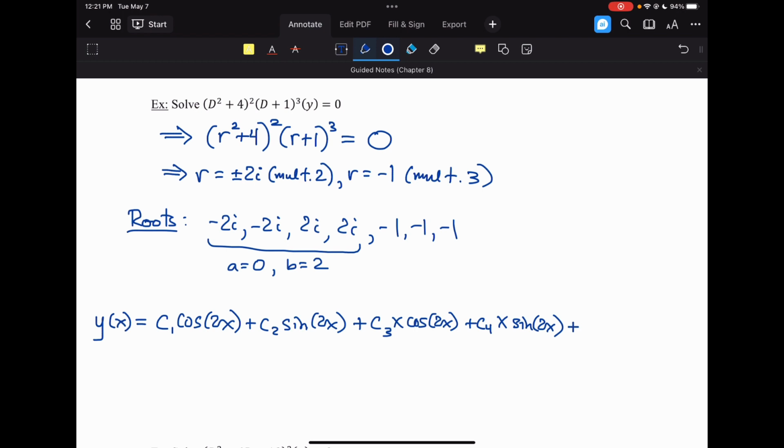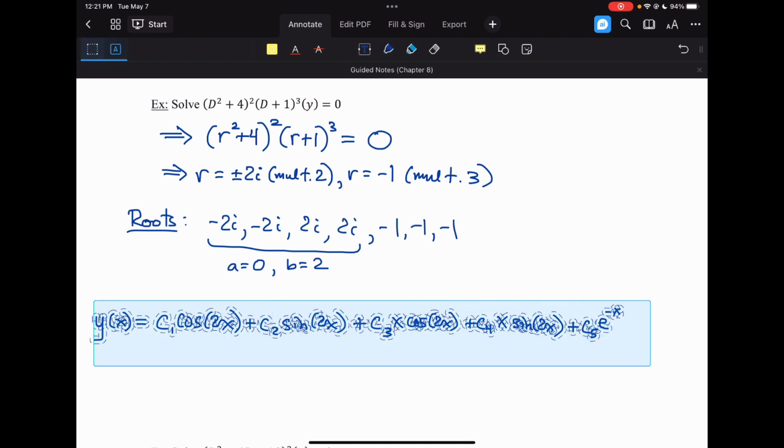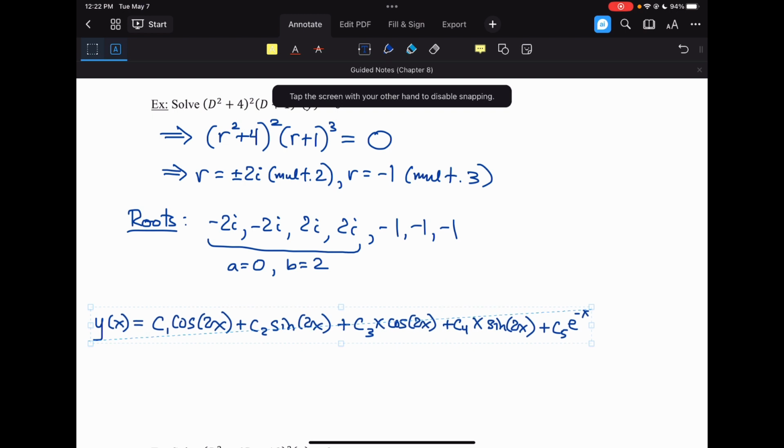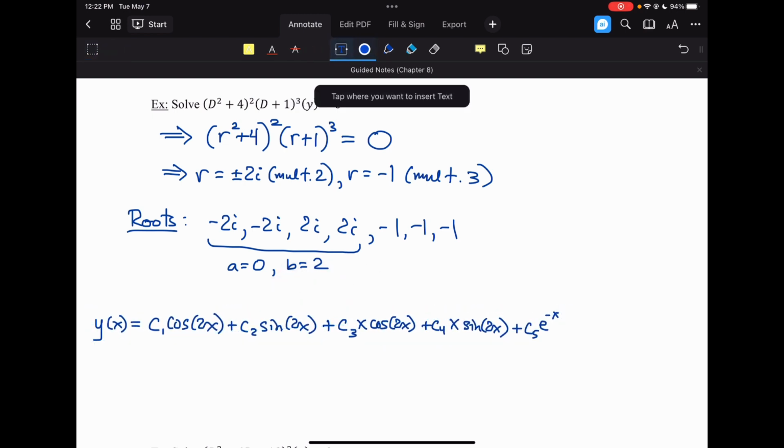We just introduce that x factor in front of them. And then for the negative 1s, it repeats itself 3 times. So we get c5 e to the negative x. Let me shrink this down just a little bit. Plus c6 x e to the negative x plus c7 x squared e to the negative x.